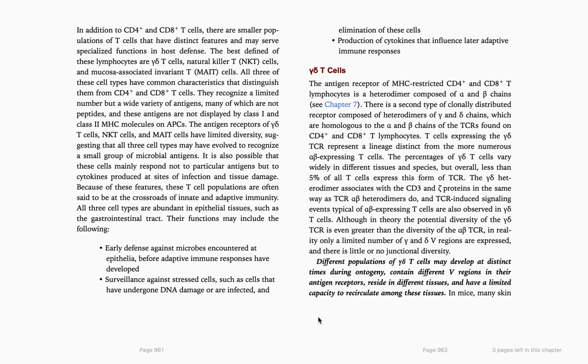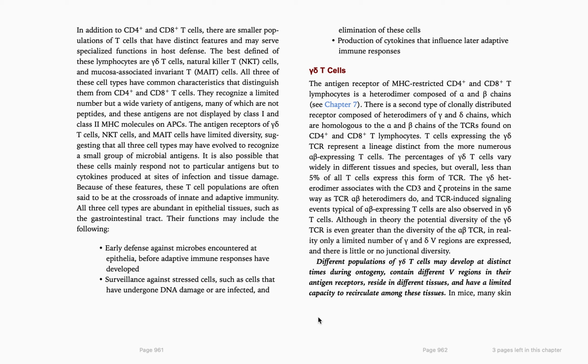It is also possible that these cells mainly respond not to particular antigens but to cytokines produced at sites of infection and tissue damage. Because of these features, these T cell populations are often said to be at the crossroads of innate and adaptive immunity.